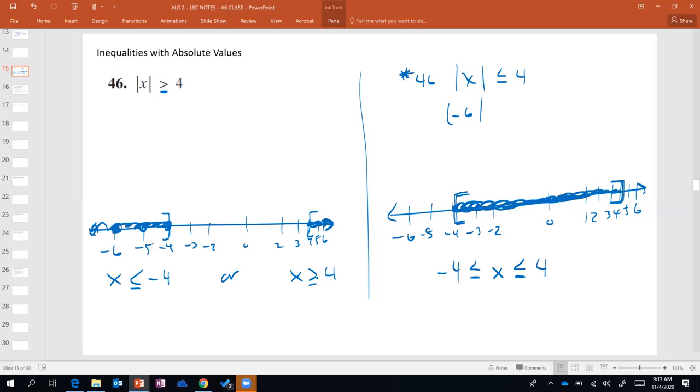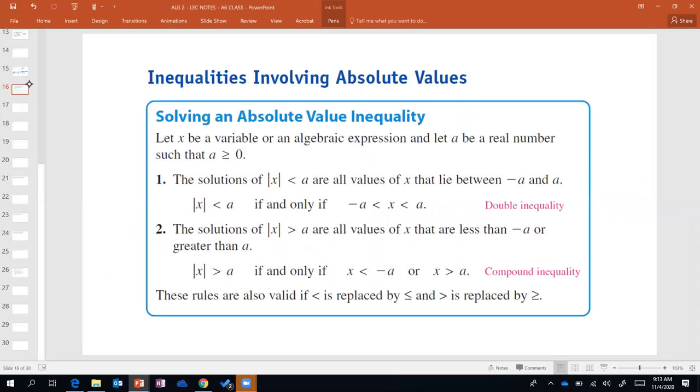Why did we do this in the first place? To develop rules for absolute value. So if I jump to this one, here's my little rule. Ready? We're going to go backwards here. So if I have a less than symbol or a less than or equal to symbol, and probably write this one down if you guys can, write number 1 as a rule like this right here.